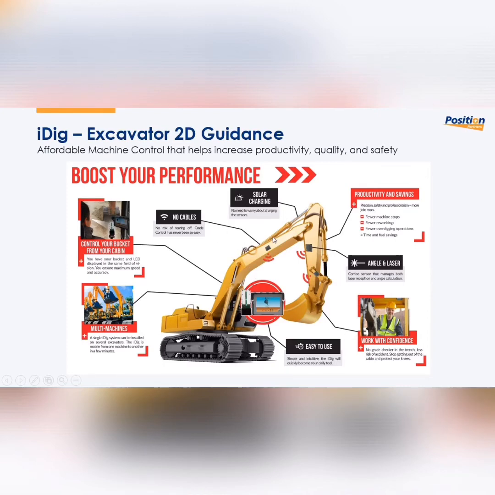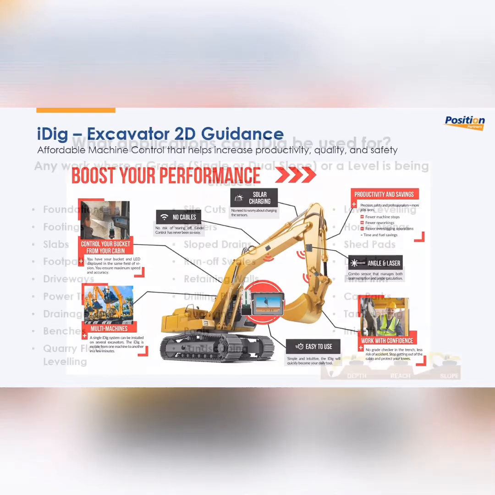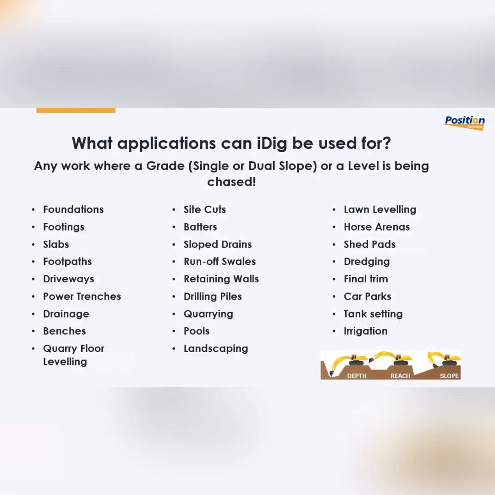The system is very easy. There is no cable, very fast to transfer from machine to machine, so you can optimize your machine control to all your assets, all your fleet.